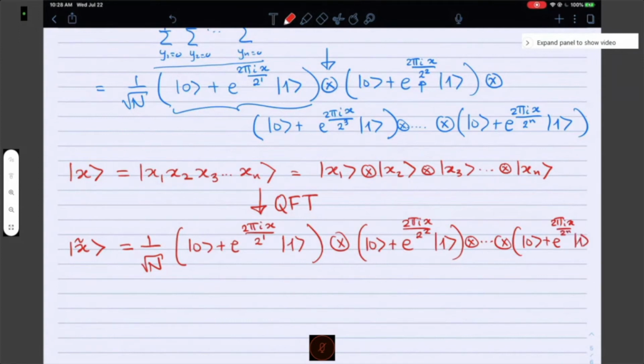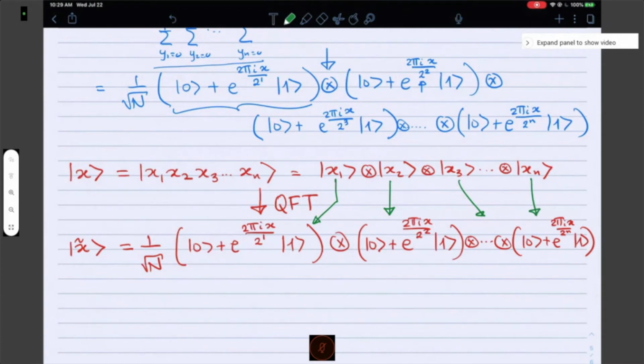And I want to write it down this way because I'm trying to show you something really cool here. What we've done is take x1, transform it into this, x2, transform it into this, x3, transform it into something in the middle here, and xn, transform it into what you see here.